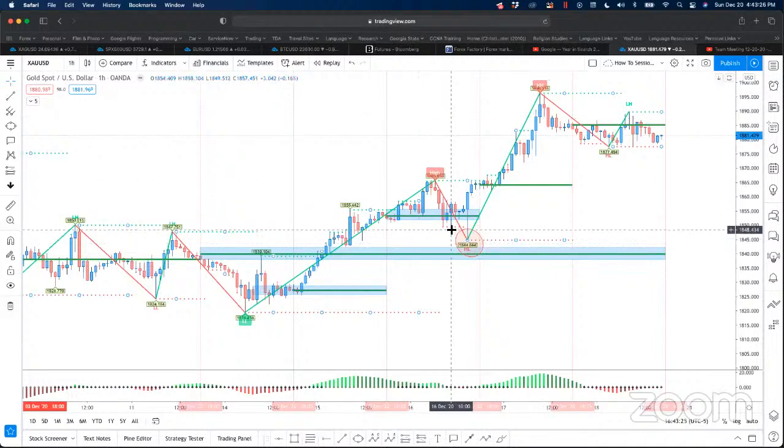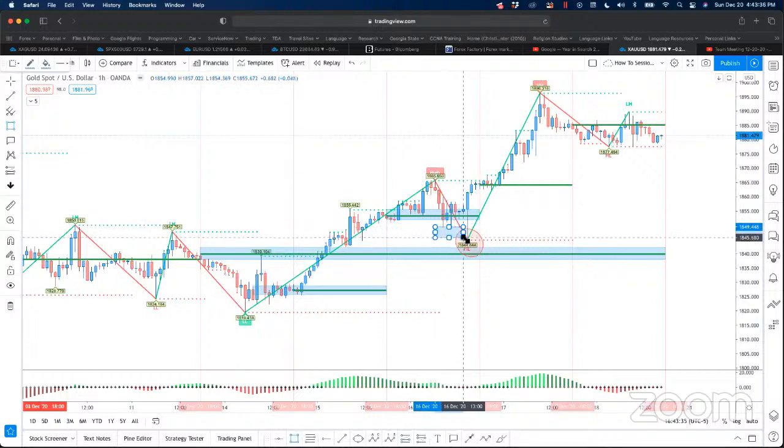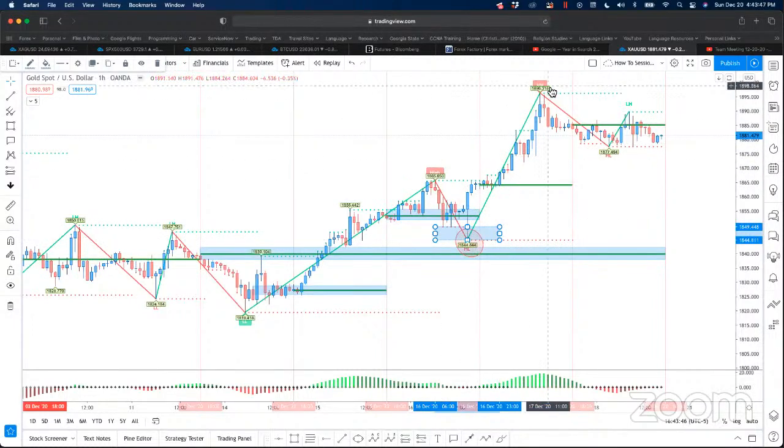Where you see that this low right here is made right here. Once you see this higher low has been made, this is your area you target right here, right?